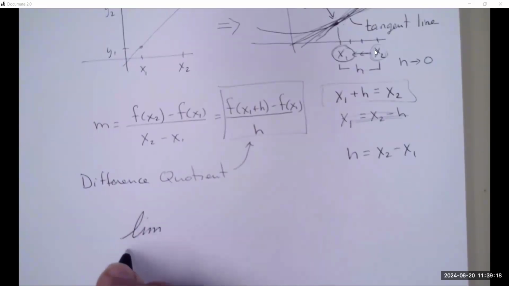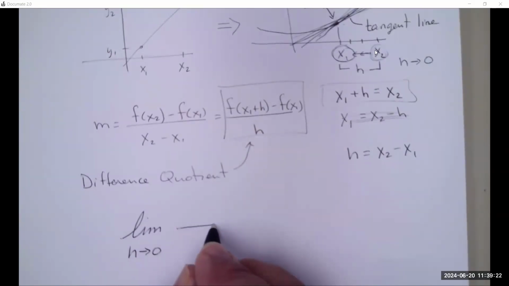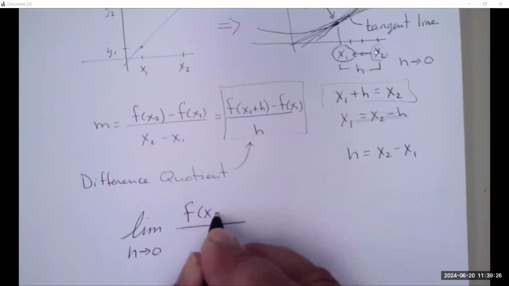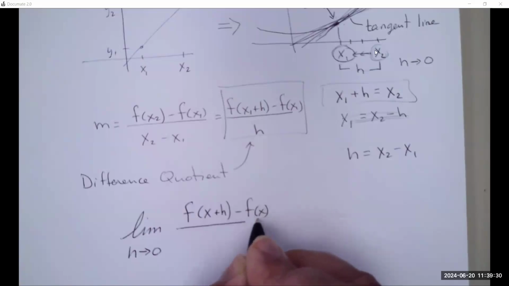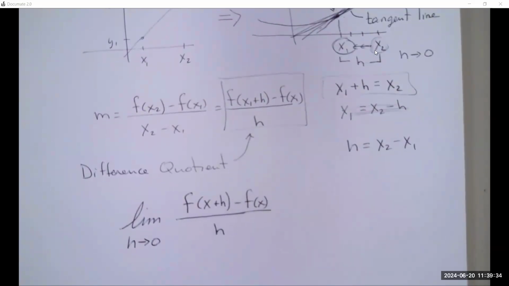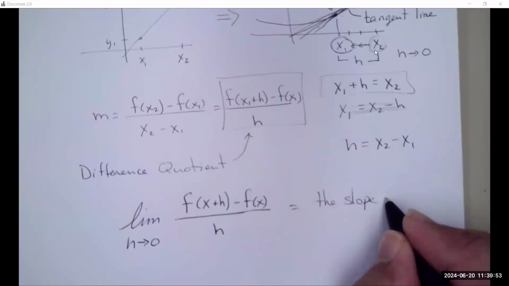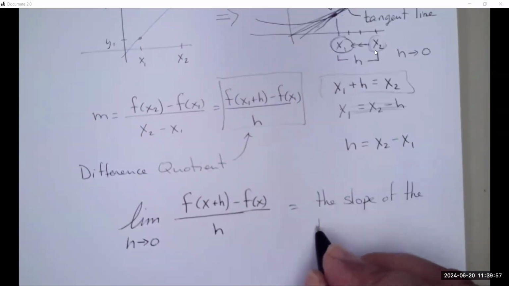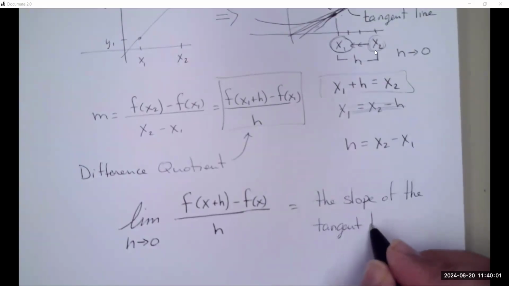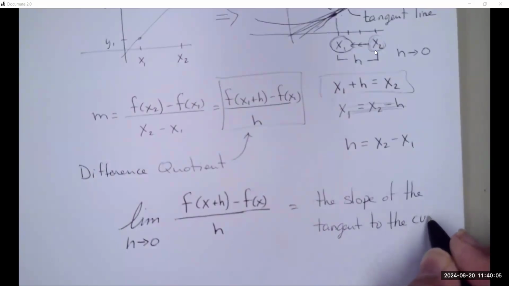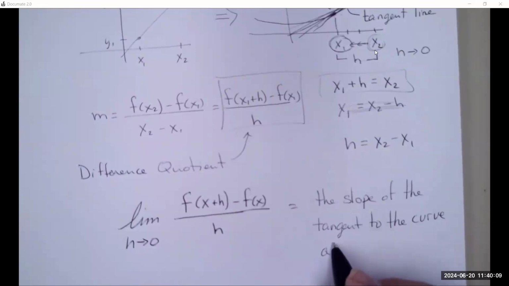So if we look at the limit as h goes to 0 of our difference quotient, what that finds for us is the slope of the line tangent to the curve at any point.